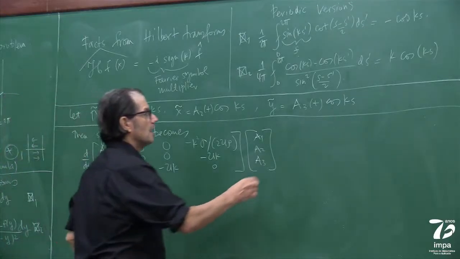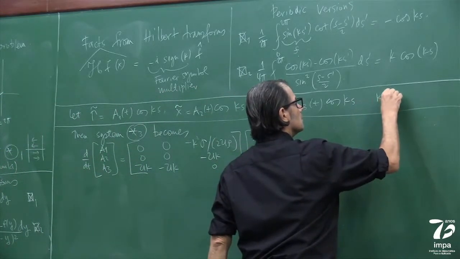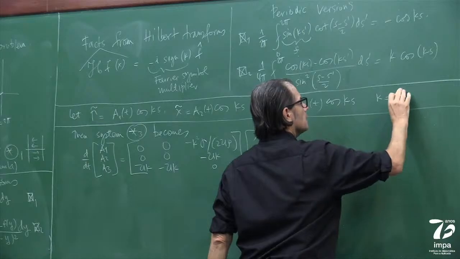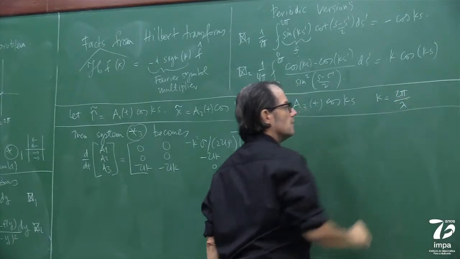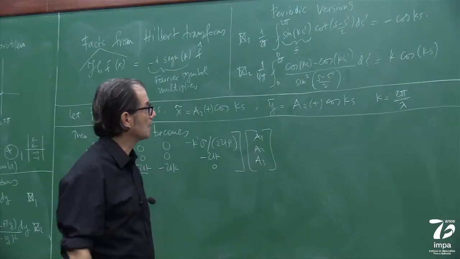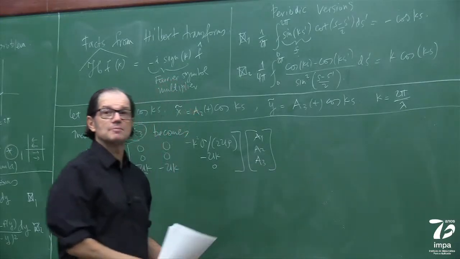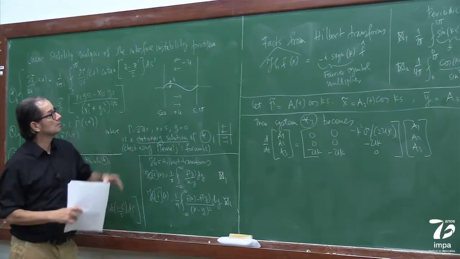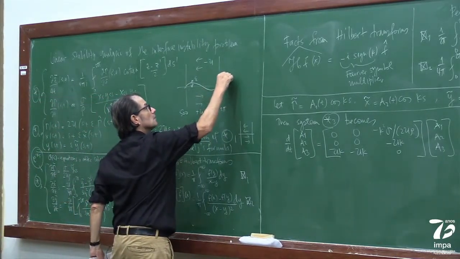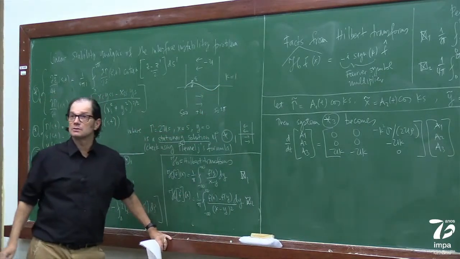Well, remember that K is 2 pi over lambda. We know that, right? So for the typical perturbation that we're going to study, which is this one, K is equal to 1, right?